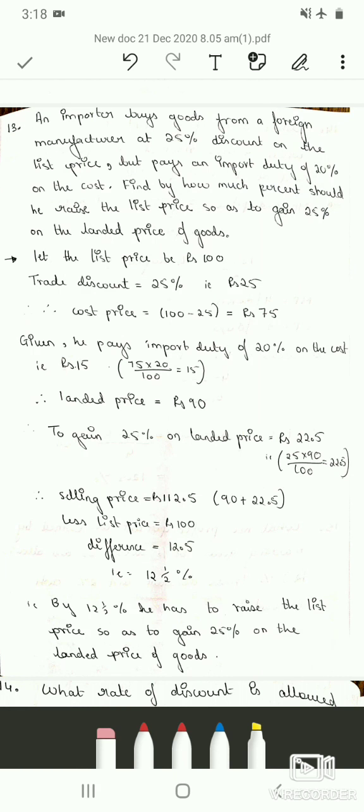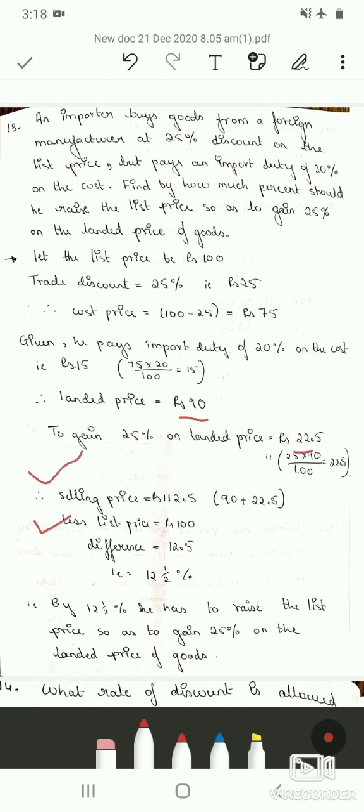They have asked to gain 25% on the landed price, that is 25% into 90 divided by 100, we get 22.5 rupees. So he has to sell his goods for rupees 112.5, that is the landed price plus the price for which he gains 25% of profit, that is selling price is rupees 112.5.